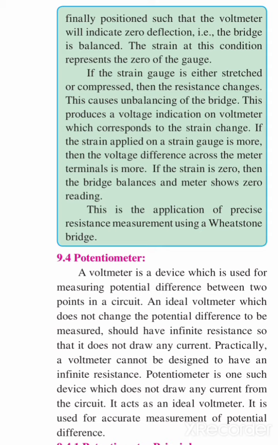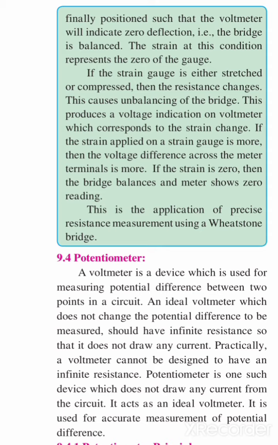If the strain gauge is either stretched or compressed, then the resistance will change, and this causes a change in the bridge condition, meaning the bridge is unbalanced. This produces a voltage indication on the voltmeter which corresponds to the strain change.